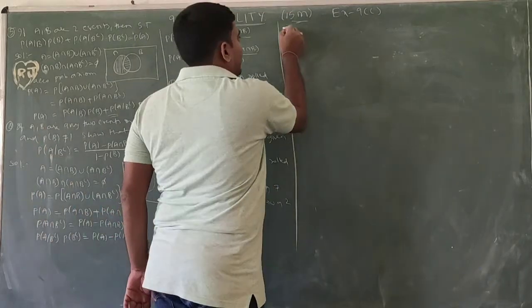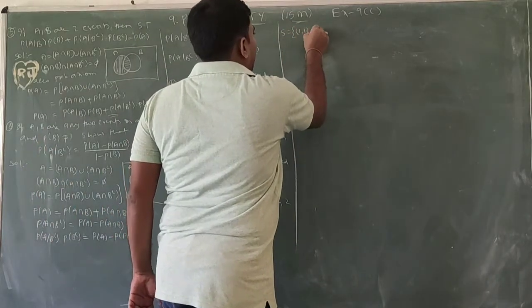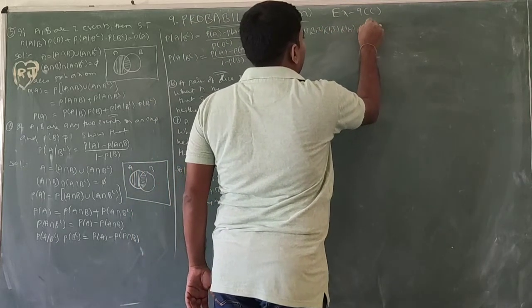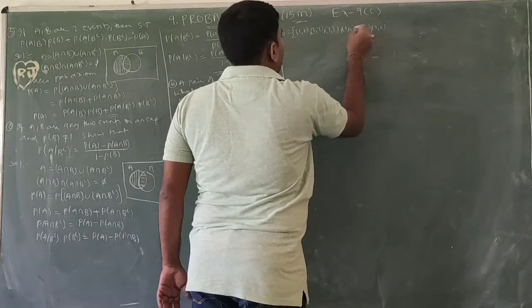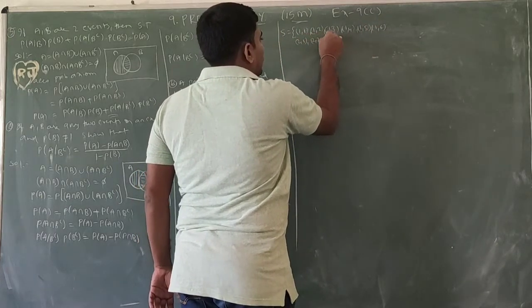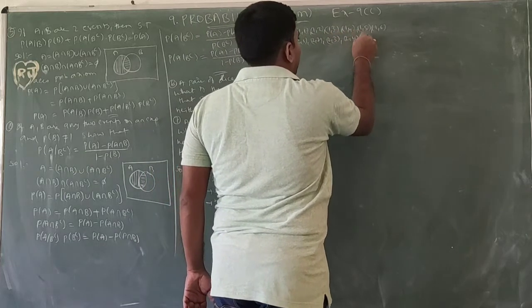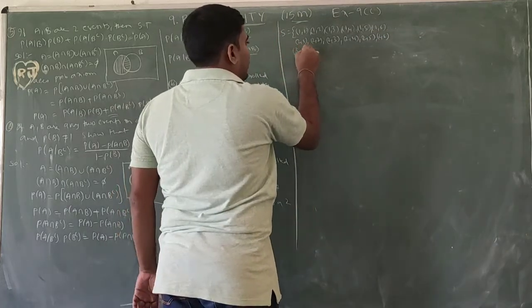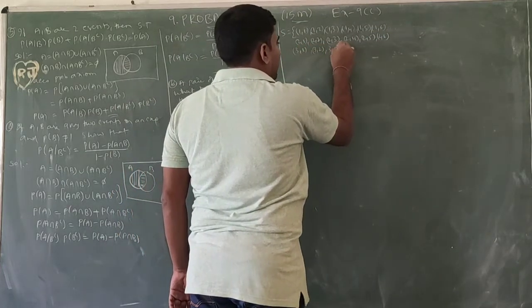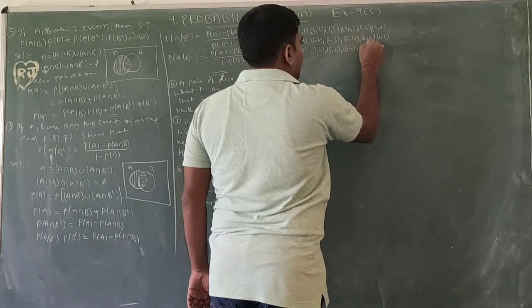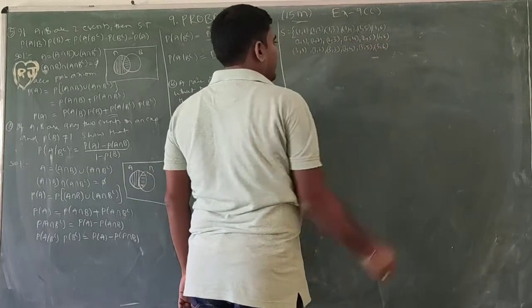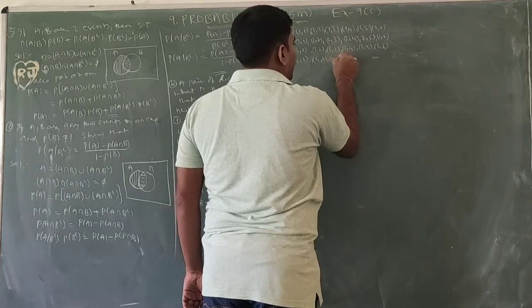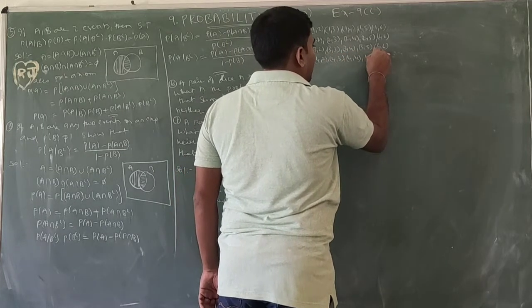First, I want to write all the choices. 1 1, 1 2, 1 3, 1 4, 1 5, 1 6. 2 1, 2 2, 2 3, 2 4, 2 5, 2 6. Next, 3 1, 3 2, 3 3, 3 4, 3 5, 3 6. Next, 4 1, 4 2, 4 3, 4 4, 4 5, 4 6.